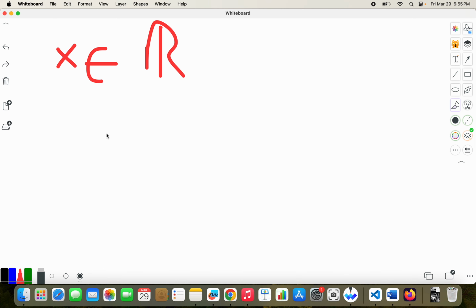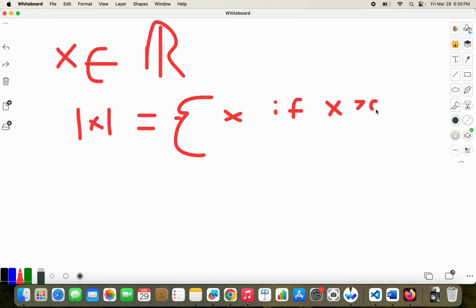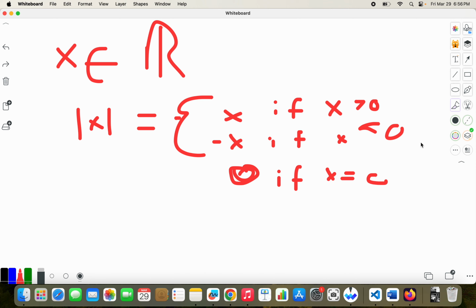If x is part of R, if x is a real number, the absolute value of x is defined as this.